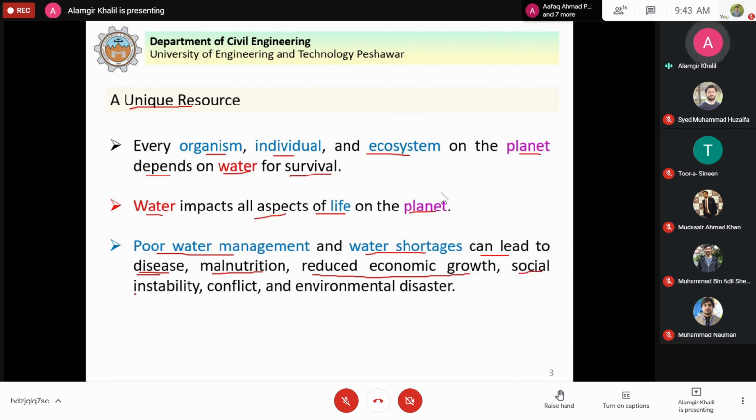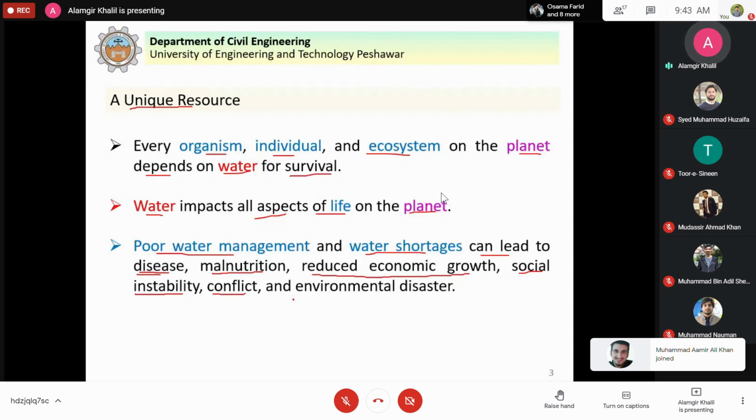Social instability, because people can fight over the water, it can result in conflicts, particularly if the rivers which supply the water are transboundary, meaning the rivers are shared by different countries.